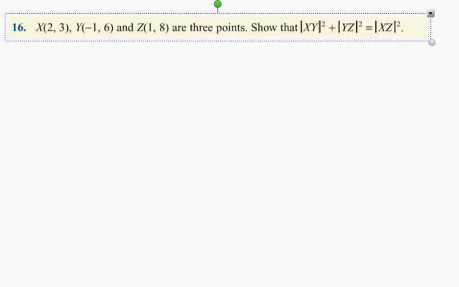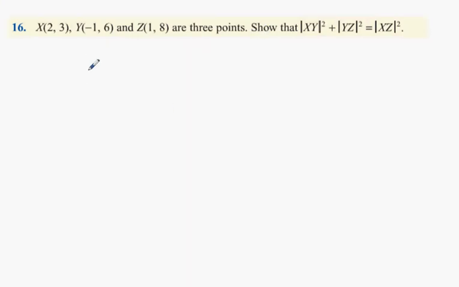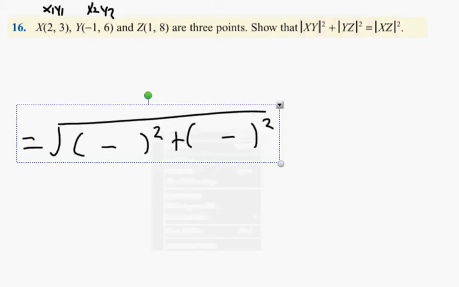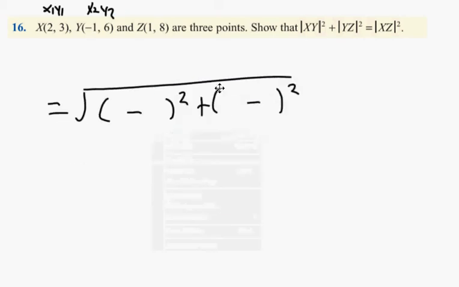Now, the next one. Do you want me to do this one? Okay. X1, Y1, X2, Y2. What we're going to do, I'll just leave that there for a second.